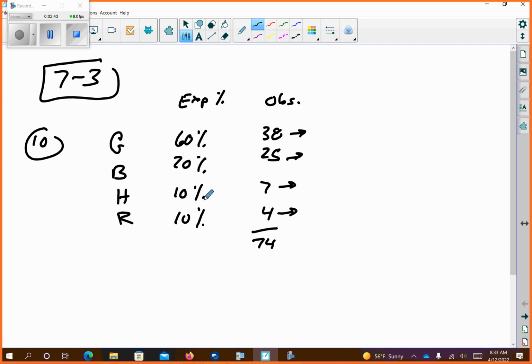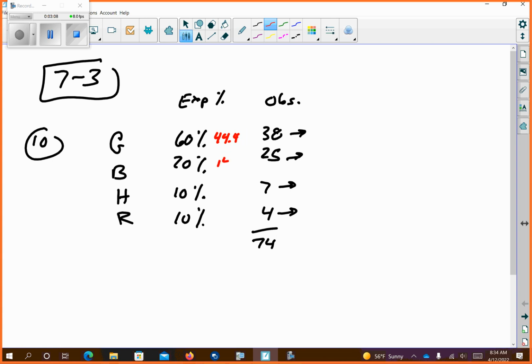So 38 divided by 74. So wait, how are we doing this? Clear. 0.6 times 74. So that means that our expected with the percents, this would be 44.4 we would expect there.